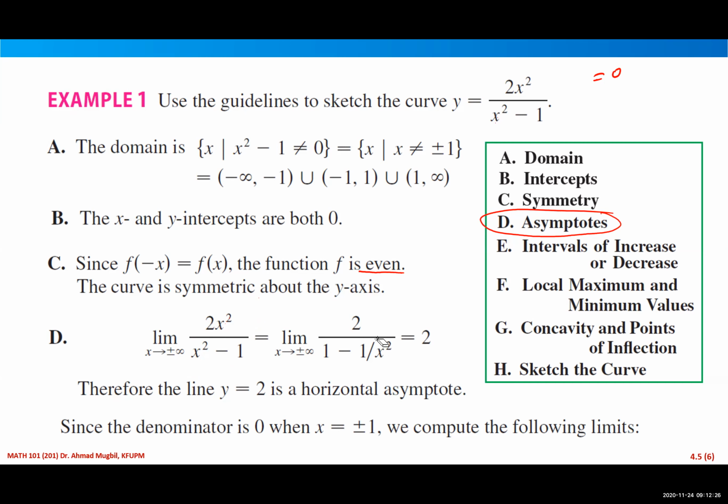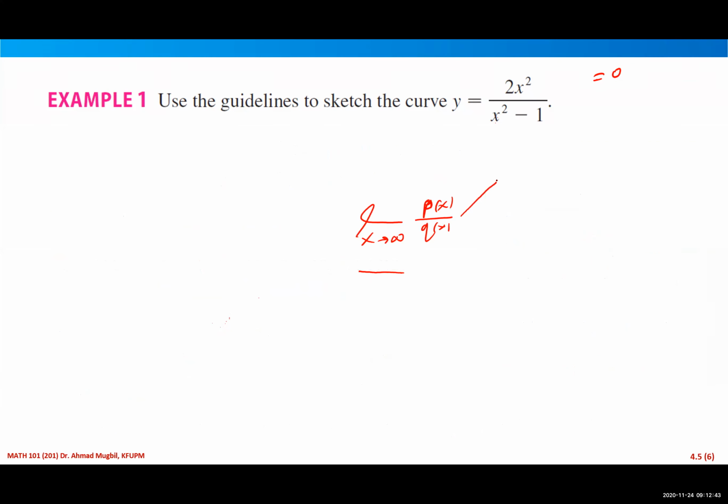You know, when you take the limit of a rational function, p of x over q of x, you have three possible results. Let me go back here and write it for you. It is either the leading coefficient of p over the leading coefficient of q, or 0, or infinity.